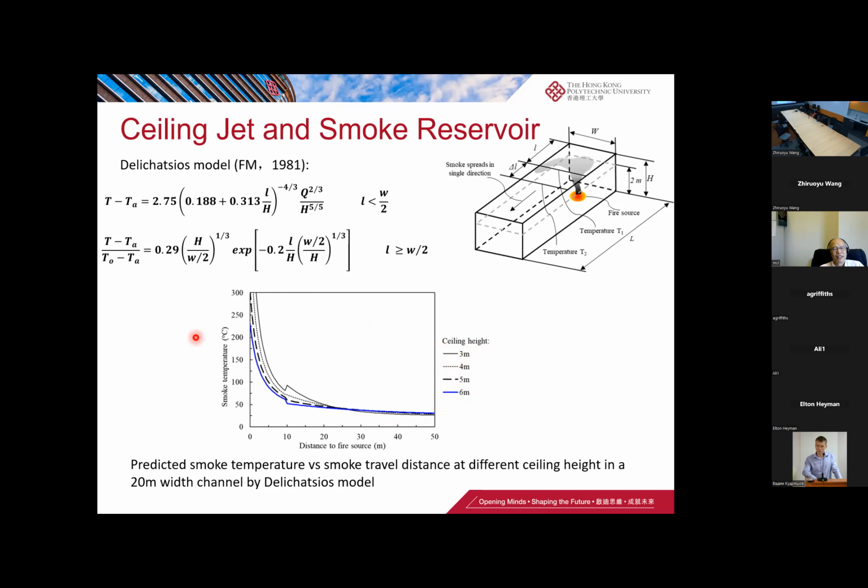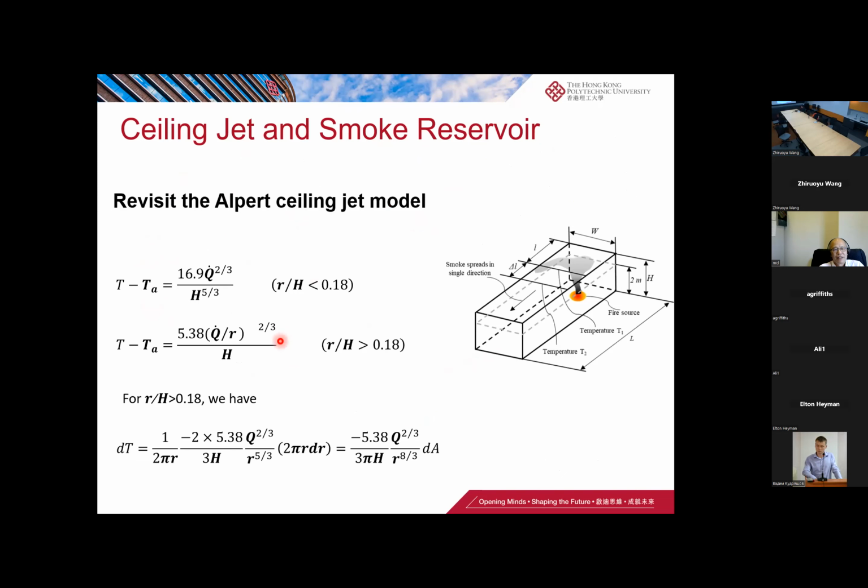So that gives us another conclusion: the Delegacies model, the model from literature developed by fire science, cannot be directly used for the specific cases we meet in this project. So now we go back to revisit the Alpert ceiling jet model.